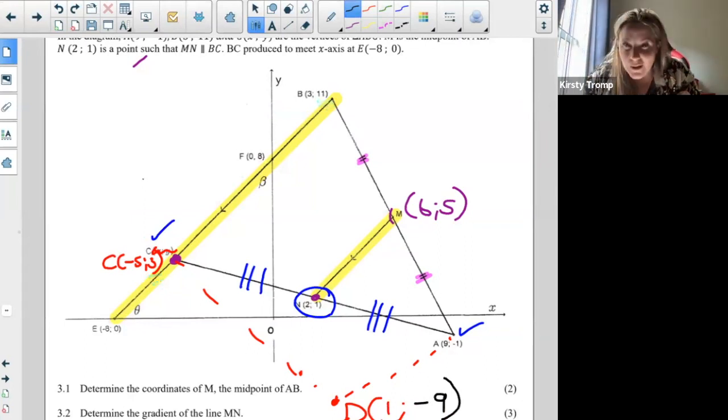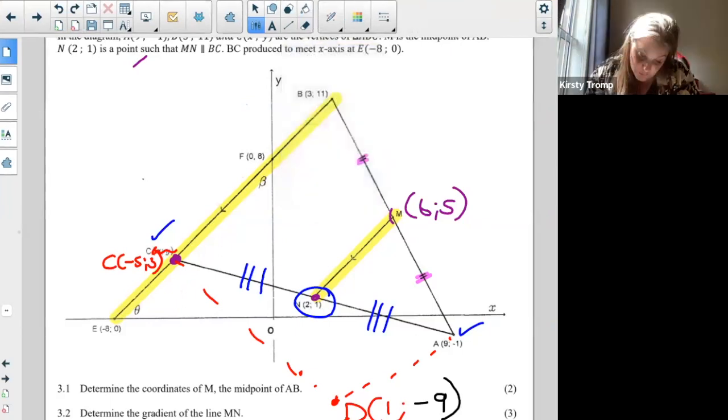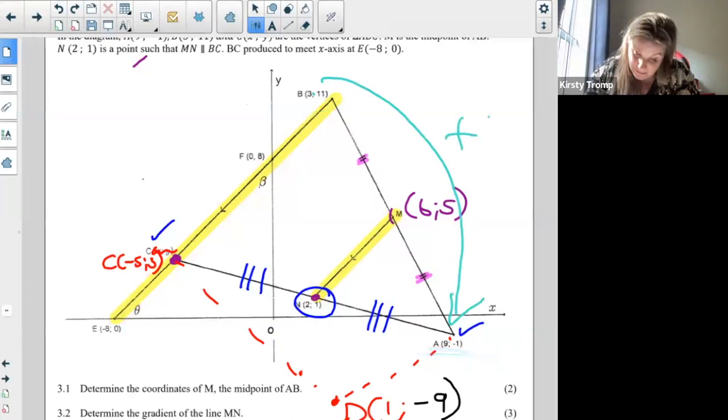Could you do it in a different way and get the same answers? I'm going to show you a different way to prove that you get the same answers. Let's look at the difference between point B and point A. What did you do to 3 to get it to 9? 3 plus 6.